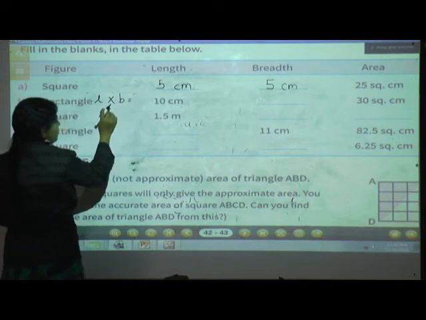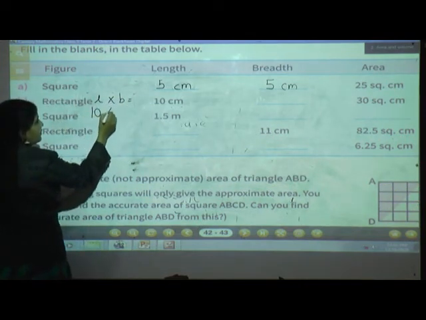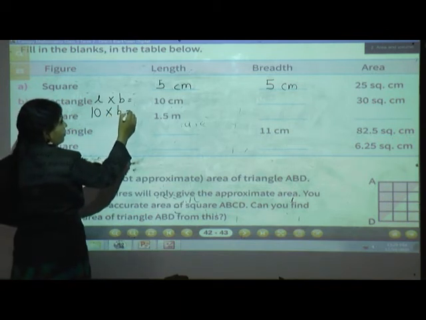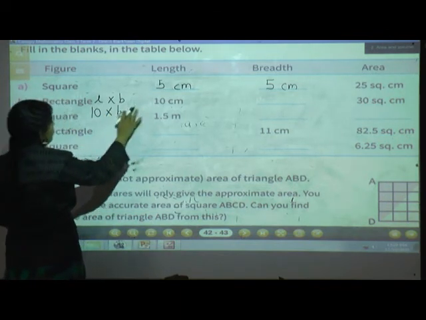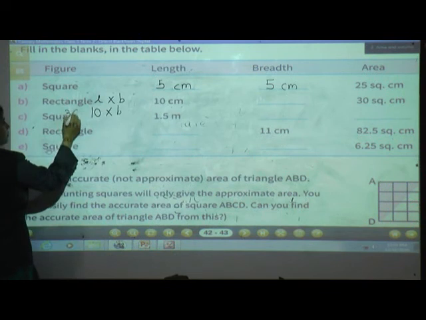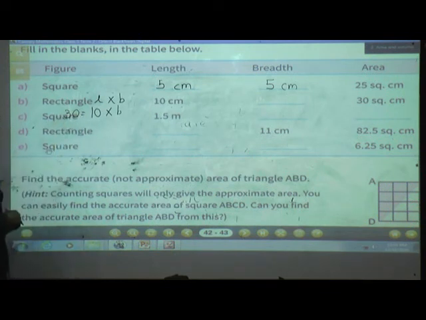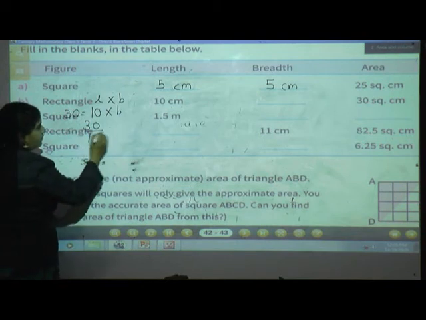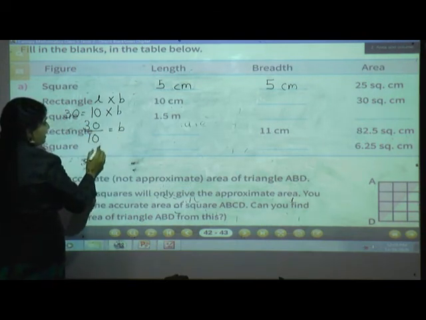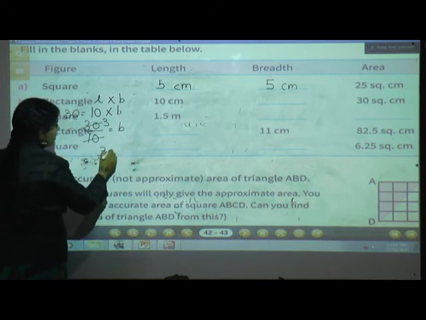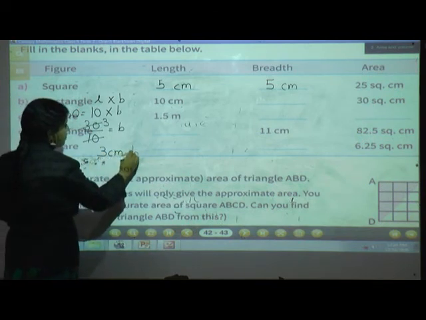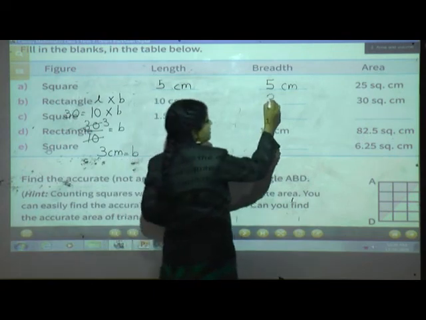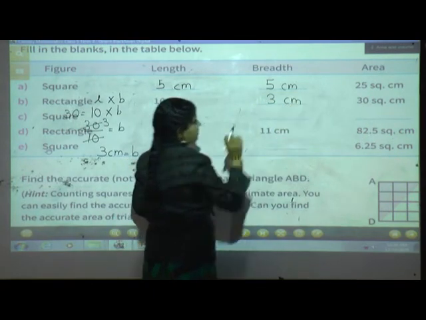So put the value here. L is 10, breadth we don't know, and area is 30 square centimeter. If we divide 30 by 10, you will get 3, 10 threes are 30, that's why 3 centimeter. So breadth is 3 centimeter.